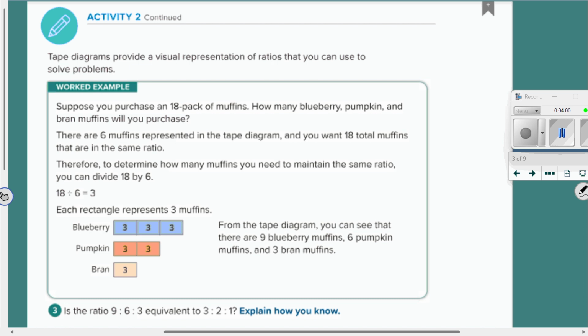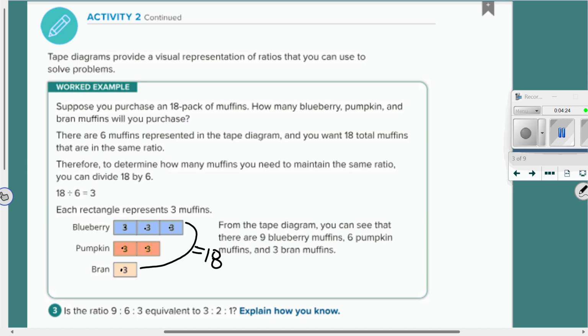But now we're buying a total of 18 muffins. So all of that is going to equal 18. How many pieces am I breaking that 18 up into? How many pieces do I have in my tape diagram? I have 6. I have 1, 2, 3, 4, 5, 6.